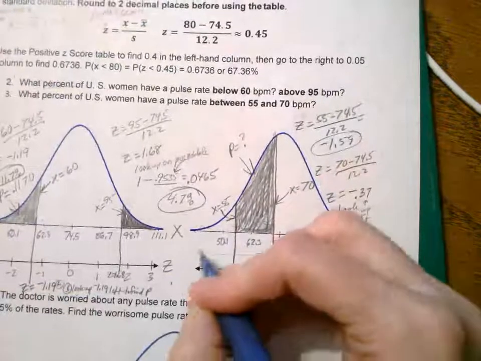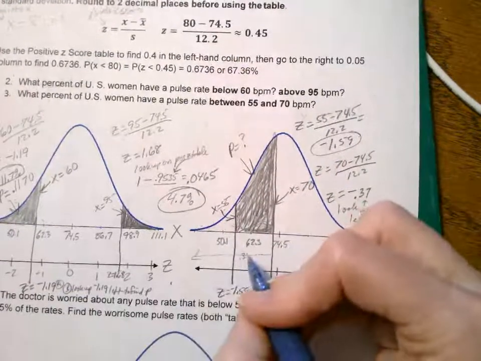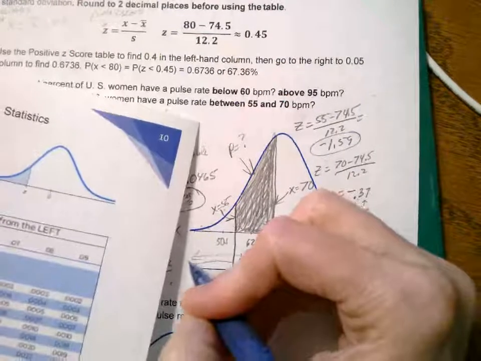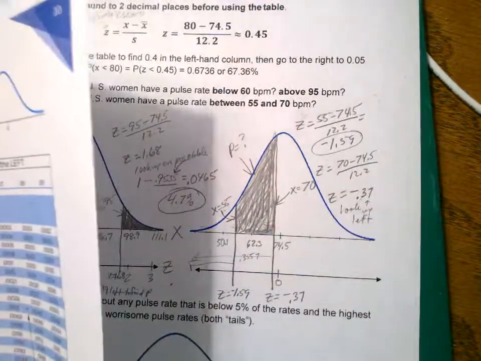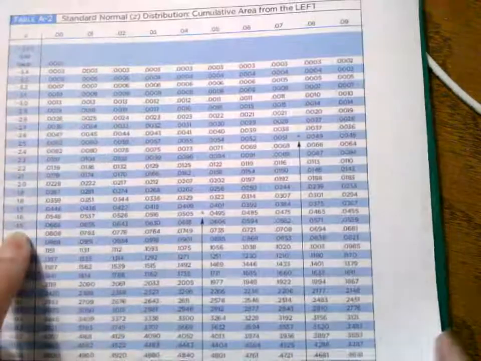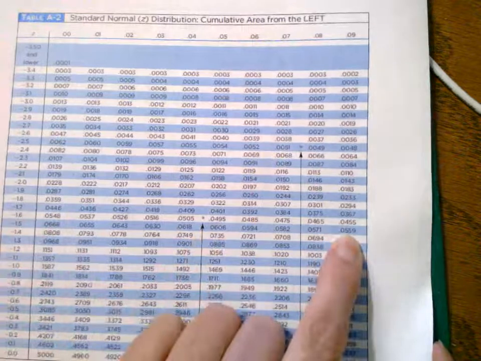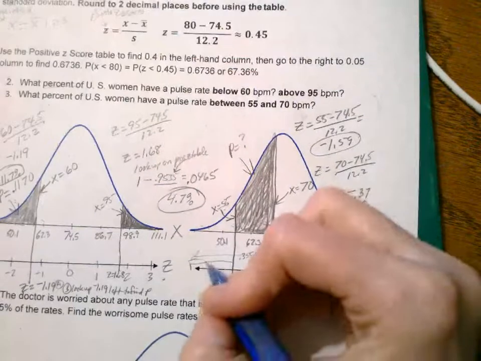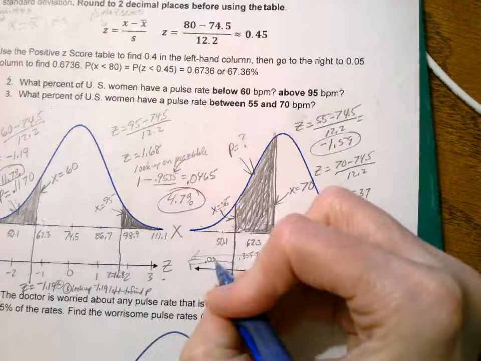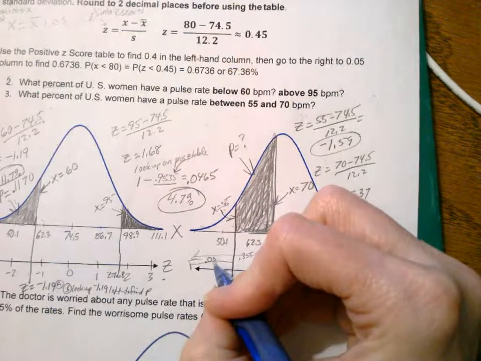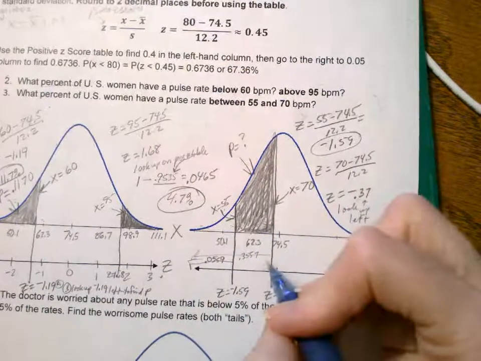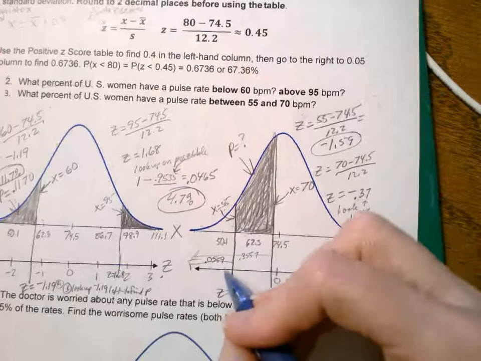So from here this way, 0.3557. And then from here this way, negative 1.59 is 0.0559.